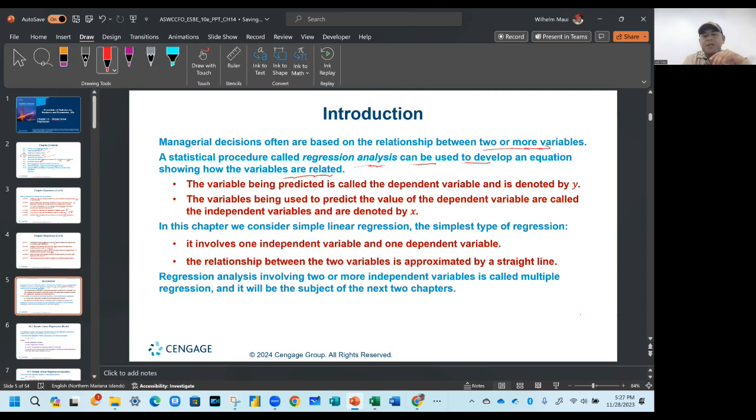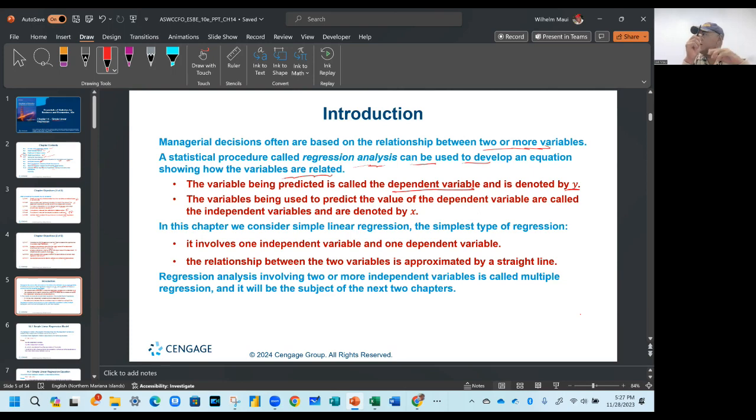The variable being predicted is called, so these are the good terms, the dependent variable, and is conventionally denoted by y. So the practice here is the same as if you were in a math class talking about these same concepts, independent variable and dependent variable; it's the same as what you've learned there.